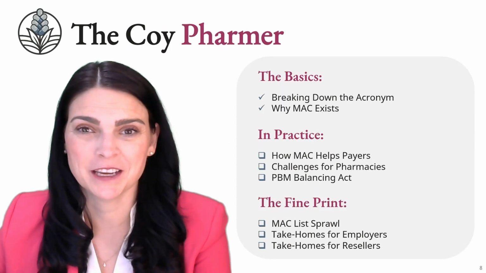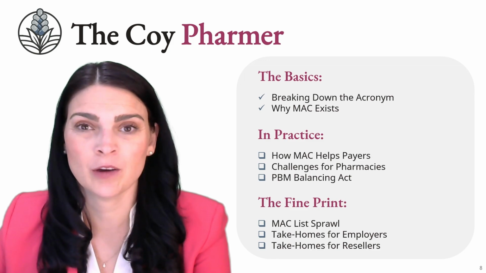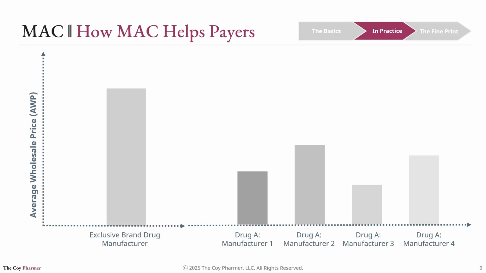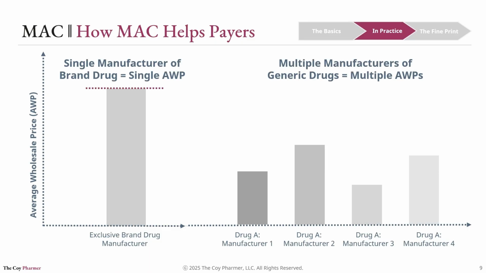We've dipped our toes into the idea of MAC, but let's talk about how MAC really flows through and impacts reimbursements throughout the industry. On this slide, we have on the left representative AWP for a brand drug with a single manufacturer. On the right side, we have multiple manufacturers of generic drugs.